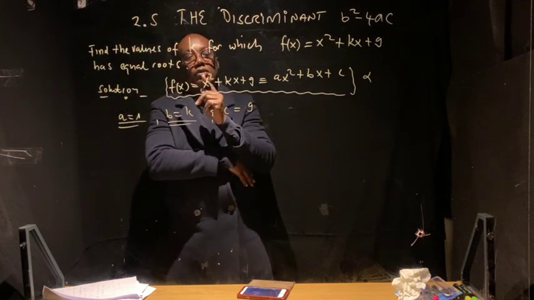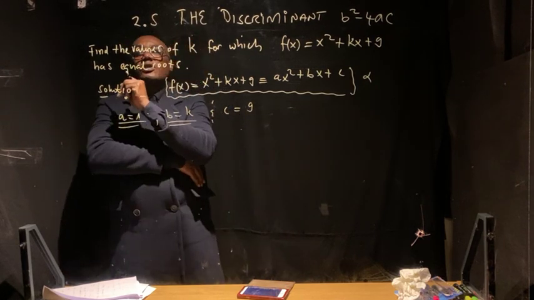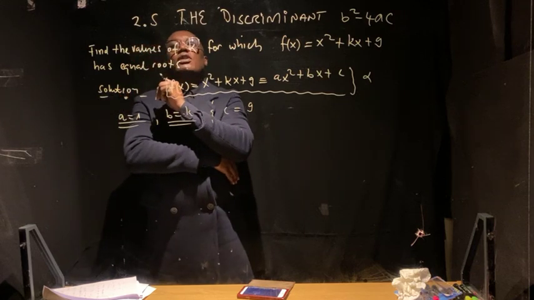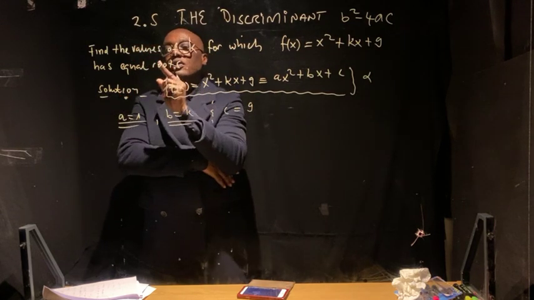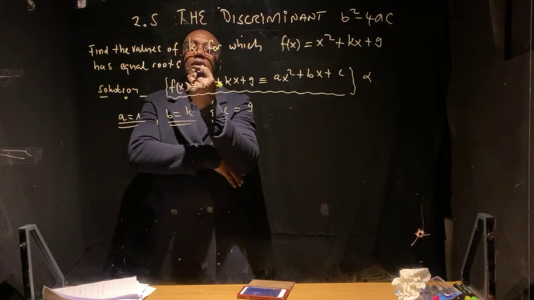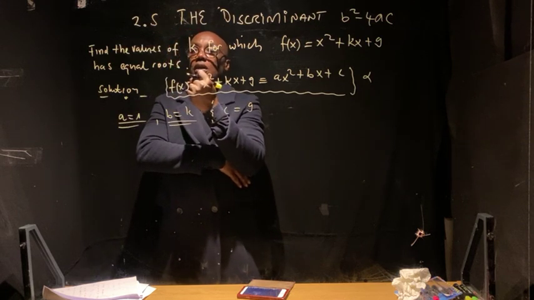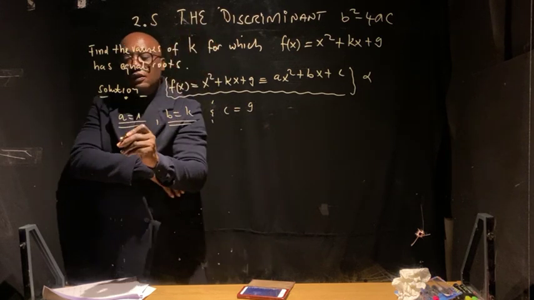Now, watch closely to the grammar. The grammar says that find the value of k for which the given quadratic equation has equal roots. What's the meaning of equal roots?